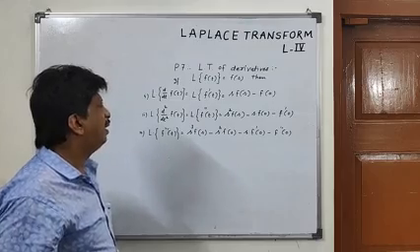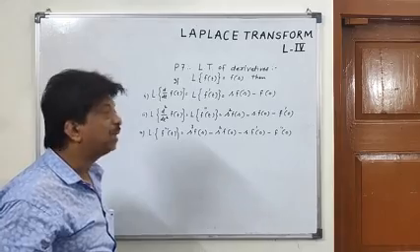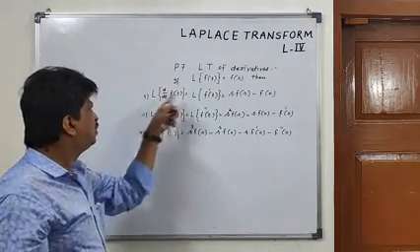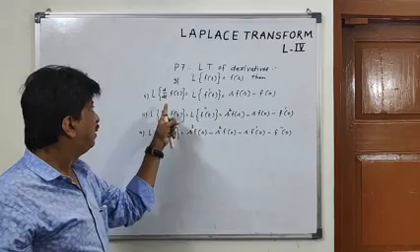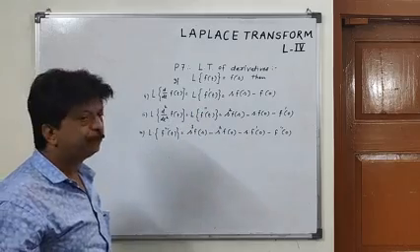Using this formula, we can find out the Laplace transform of consequent derivatives. This formula is for the first derivative, this is the second derivative, this is the third derivative.